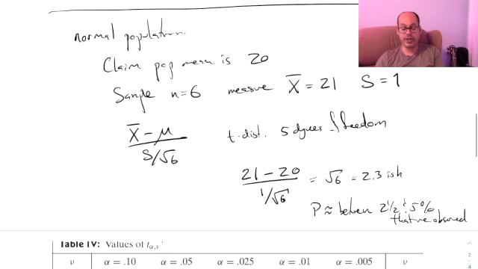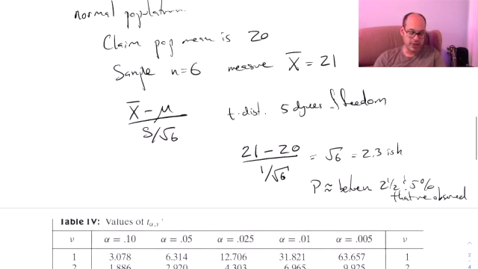And so if you're trying to figure out whether or not you should have believed this person, that the population mean was 20, well, it looks likely that it's false. Only a 2.5 to 5% chance that made sense based on the observation.